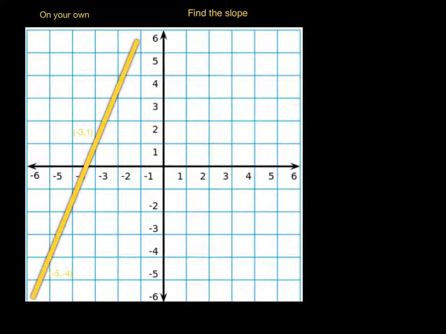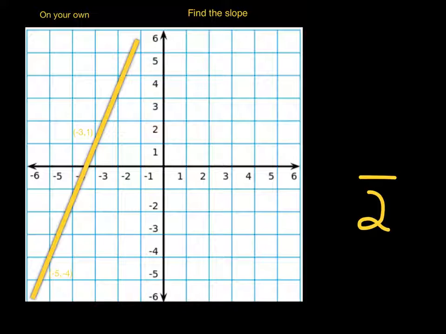Okay, here's another one for you to practice. Pause the video and see what you come up with. Alright, I'm going to start down here and I'm going to do my run first. 1, 2, over. So I know that my rise over run, my bottom number is going to be a 2. And then I have to go up 1, 2, 3, 4, 5.